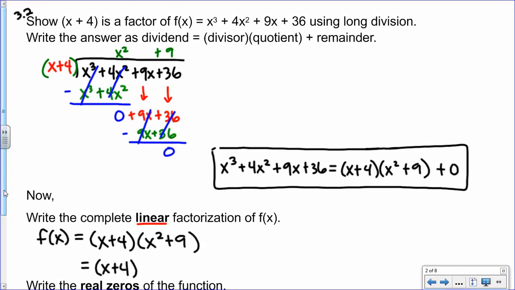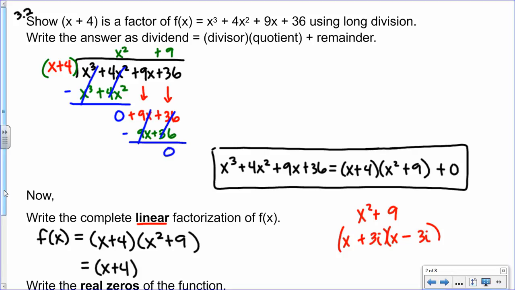Okay, so x squared plus 9 is a sum of squares. If it were x squared minus 9, what would that factor to? x plus 3, x minus 3. When it's a sum of squares, it factors the same way, except these become imaginary.